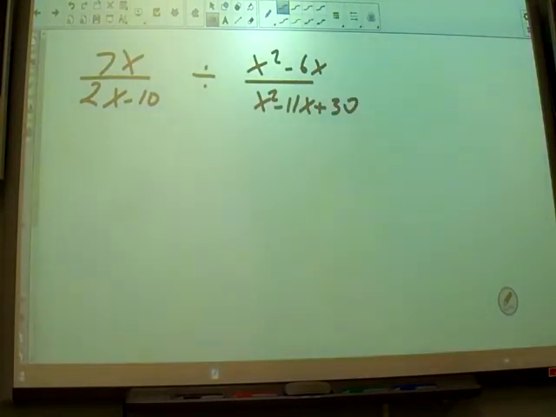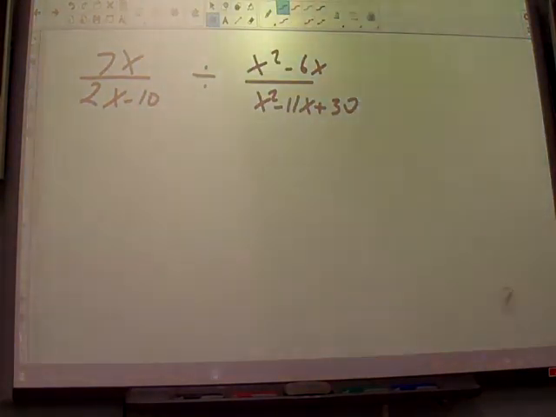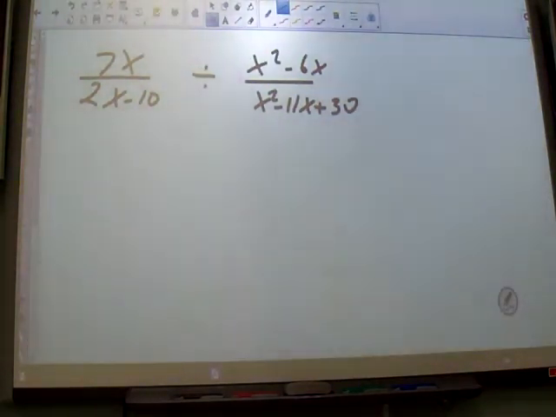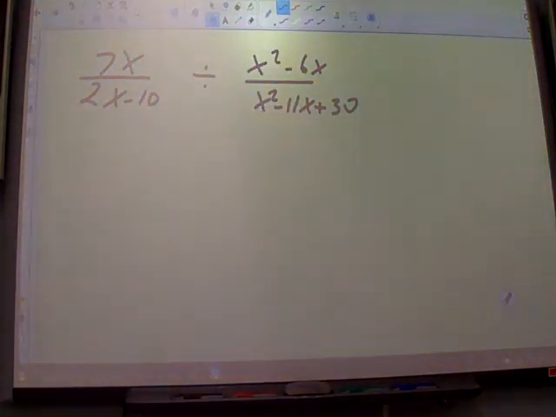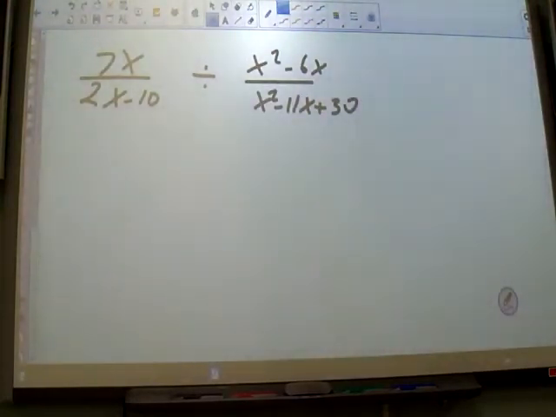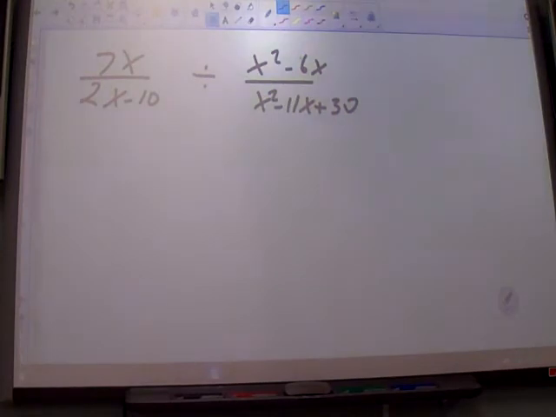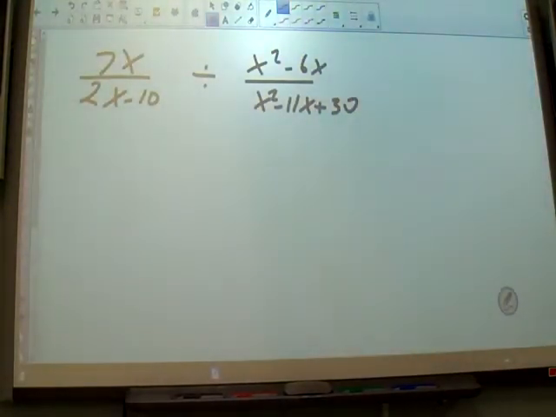Division of fractions means you multiply the, starts with an R. Reciprocal, very good. So I changed that division sign to a multiplication sign. Reciprocal means I flip it, and it's the exact same type of problem we've been doing.